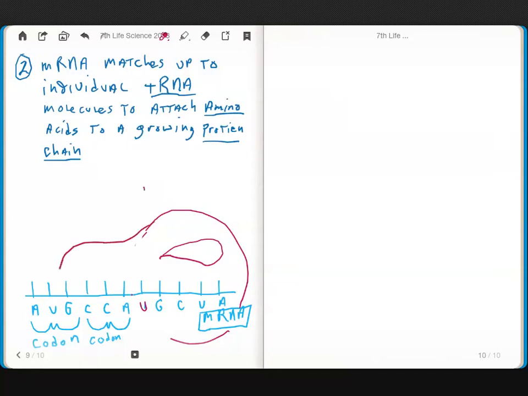So I'm going to make this exaggerated. It doesn't look like a roasted chicken anymore, but I want to include all this. So this is the ribosome.